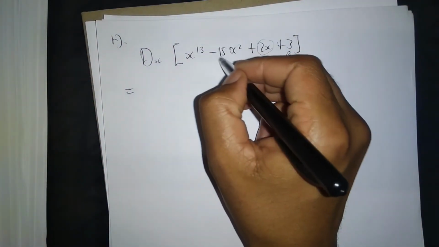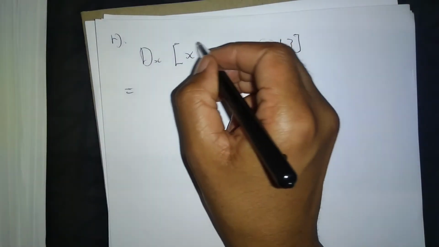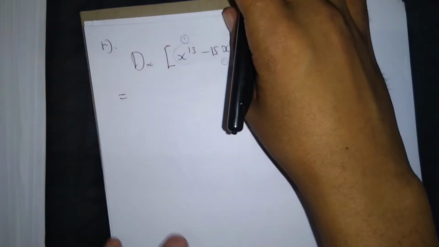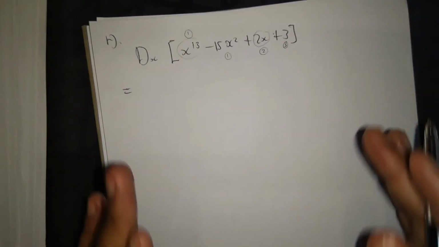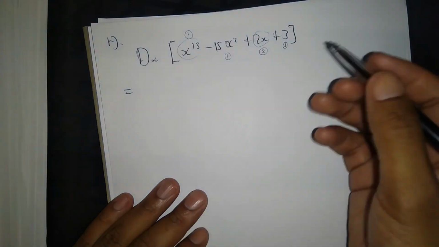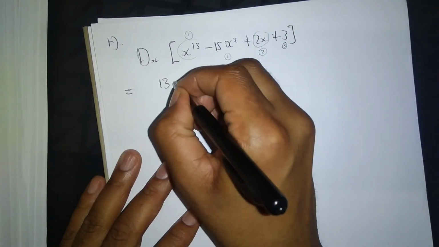How about this one? It's rule number 1. How about this one? This is rule number 1 as well. Okay, now apply the differentiation rules here. So I remove the brackets because I am differentiating. So it's 13 times 1 is 13.